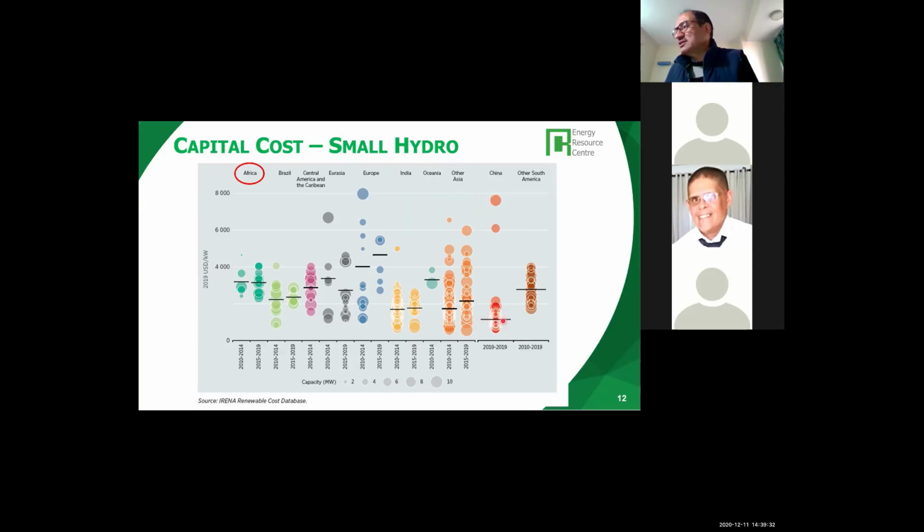I have to check. But anyway, I think the average cost is even less for small hydro. So this range should probably be below 3,000, 3,500 or less, because the maximum is around 4,000 for small hydro. So I'm considering this in the range of mini and micro hydro.